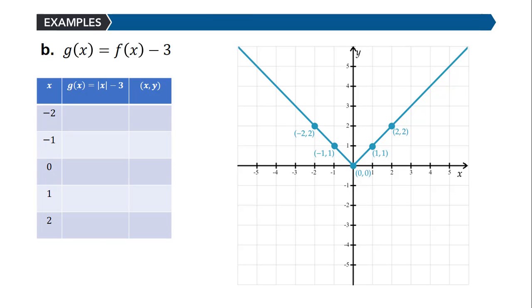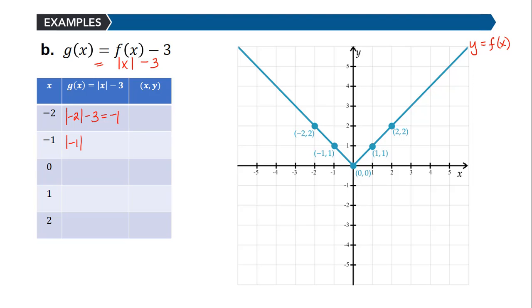Now g of x equals f of x minus 3. Again, f of x is absolute value of x, so g of x is absolute value of x minus 3. We have that V-shaped graph for the basic function. Now when we plug in negative 2 into our new function for g, we get absolute value of negative 2 minus 3, which is 2 minus 3, or negative 1.